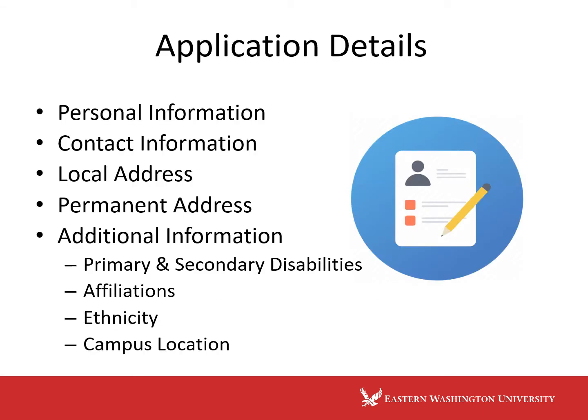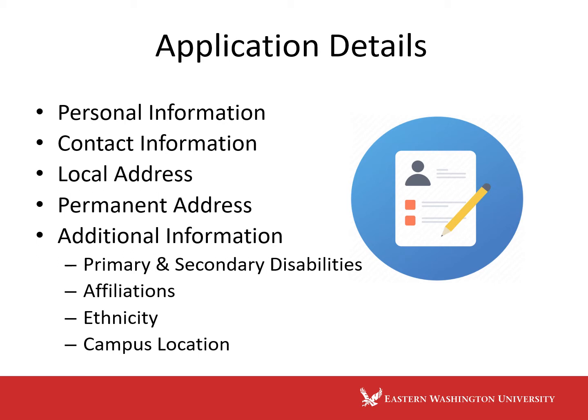The first half of the application is background information about yourself. Personal information includes when you are wanting to start your accommodations, when you plan to graduate, and your name and other identifying information. Then it'll ask you to provide your contact information such as phone number, local and permanent addresses. This information will help us know how we may contact you.